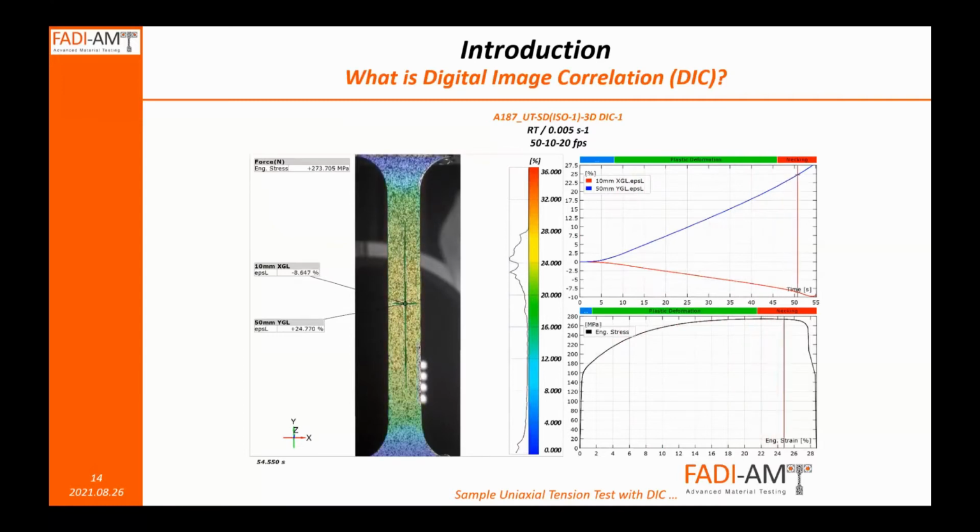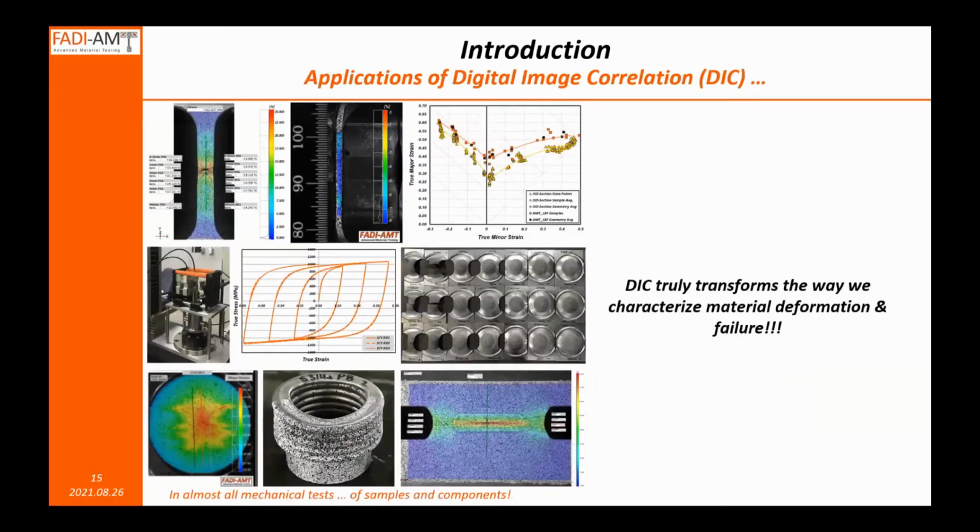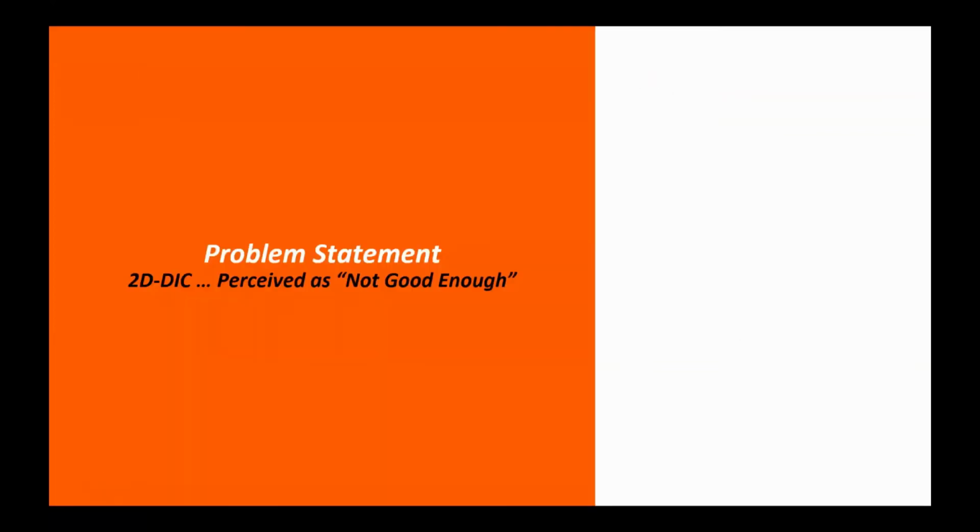So in many webinars before and in many applications, we've shown how DIC truly transforms the way that we characterize material deformation and failure. It gives us information well beyond typical sensors. Of course, we need forces and we need displacements to construct the stress strain curves, but DIC gives us more and more. And that's why we tend to try to push for digital image correlation.